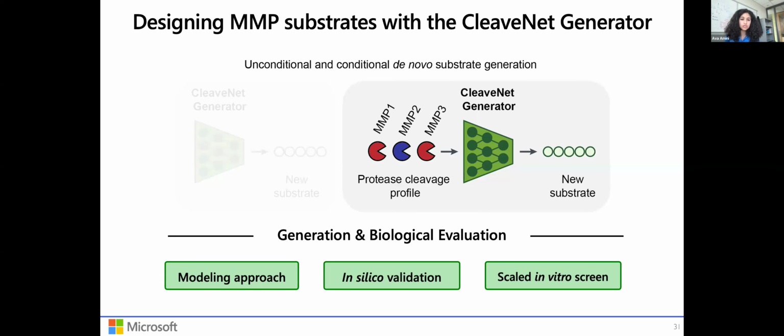And so to achieve this conditioning principle, there are several approaches that one may employ, but the particular one that we focused on was really motivated by the unique nature of this mRNA display data that we had on hand to train the model.